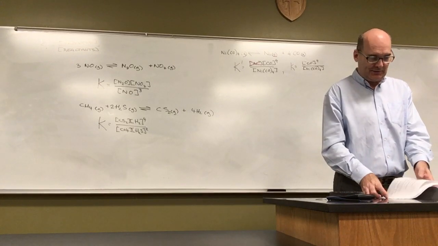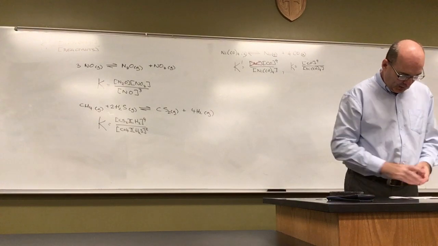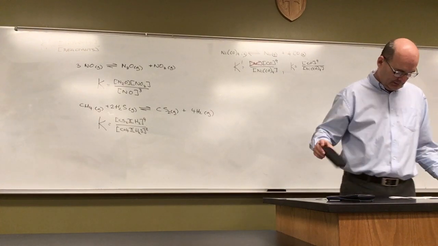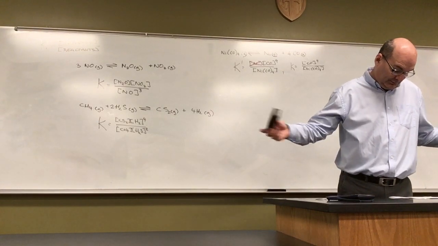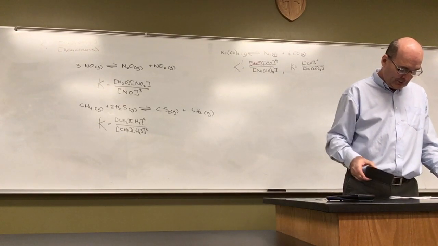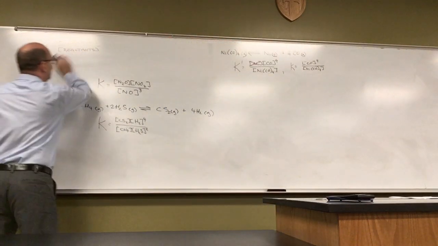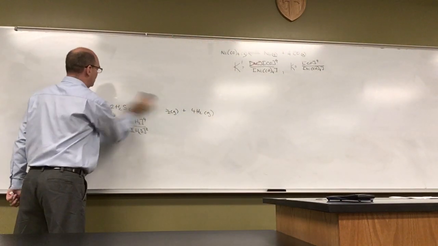We'll get to it when we get to it. Okay, so I'll do one of these, both the same. One finds Kc and the other one finds Kp. Let's do 15.17 and leave you 15.18 to do.